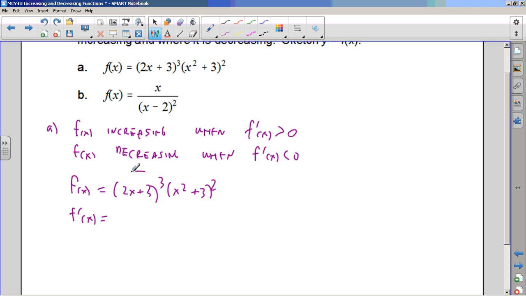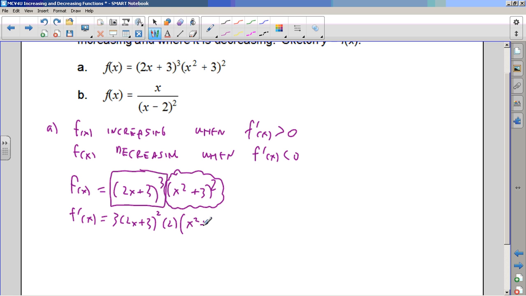The overall, I see it as a product rule, right? We've got square times cloud, but inside the square, it's a chain rule. So when I take the derivative of the square, it's 3 bracket squared, the derivative of the mother function, but then I have to take the derivative of the inside thing.